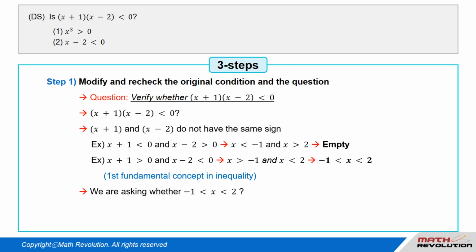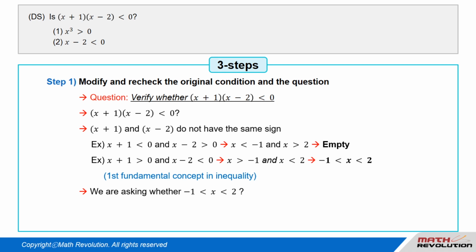That is, x is smaller than -1 and x is greater than 2, or x is greater than -1 and x is smaller than 2. The first set of ranges is empty because there is no number less than -1 that is greater than 2.